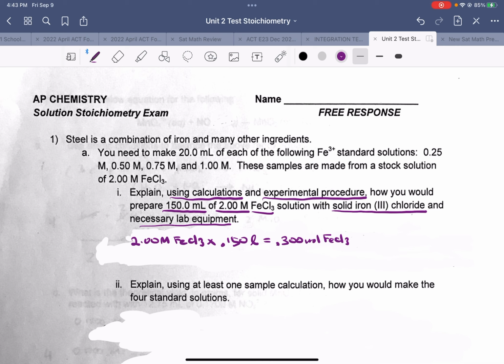So how are you going to make that much? I need to find out how many grams of solid that is, using the molar mass of FeCl3.